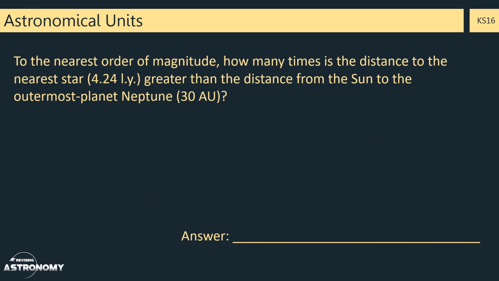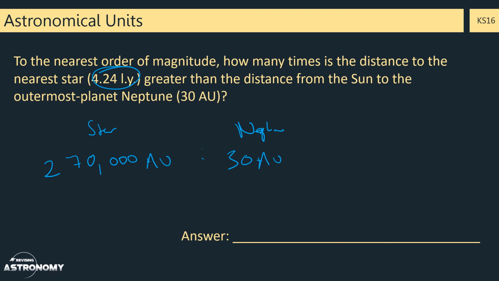Okay, to the next one. To the nearest order of magnitude, how many times is the distance to the nearest star, 4.24 light years, greater than the distance from the Sun to the outermost planet Neptune, which is 30 astronomical units away? Well, luckily, in the previous question we just worked out that 4.24 light years is equivalent to 270,000 astronomical units. So that's the distance to the nearest star, and then the distance to Neptune is 30 astronomical units.